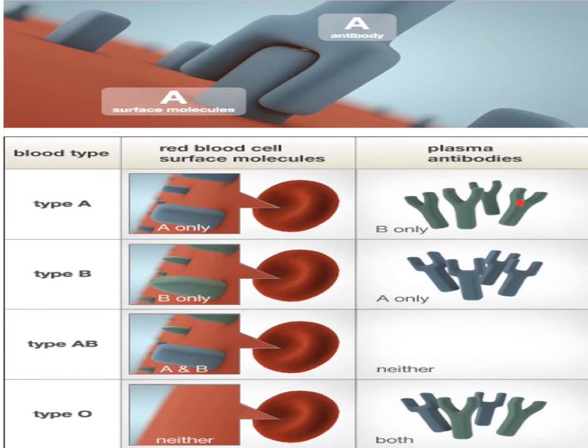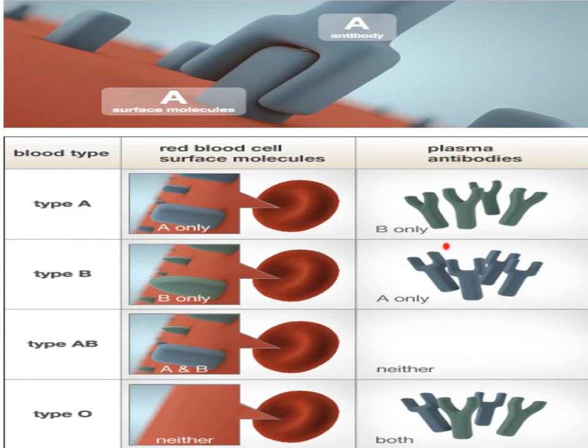So anything that has B antigens will be fought off. And it's because there's this like little lock and key mechanism. The antibody fits on the antigen and it recognizes it as dangerous or as a foreign thing, so tries to get rid of it. Now, if you're type B, you're going to have the type B antigen, but you'll have the type A antibodies.